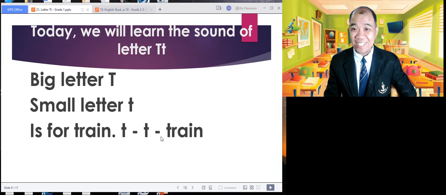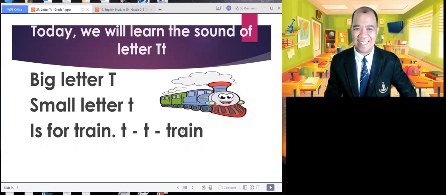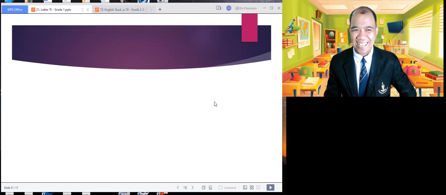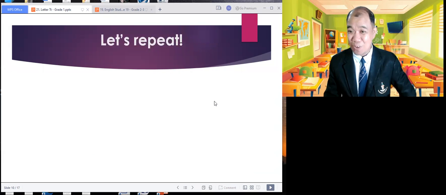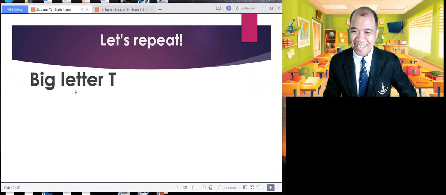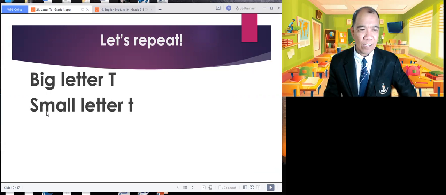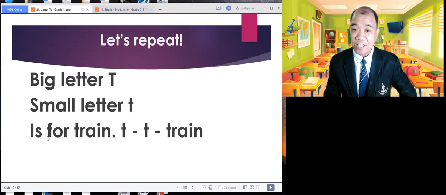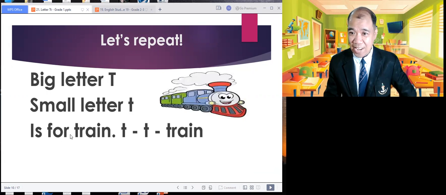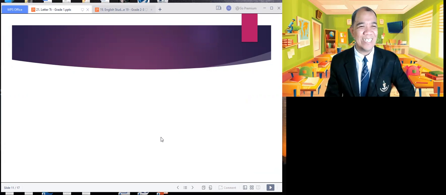T. T. Train. Okay. Again, please. Okay, let's repeat. Big letter T. Small letter T is for train. T. T. Train. Okay, get it? Okay, good.